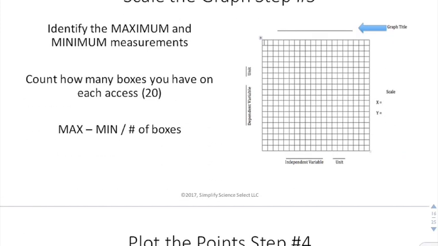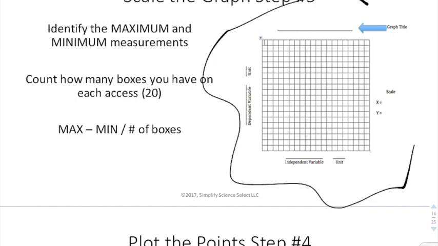And this is the one that causes the most problems because you want to make sure that you use the entire available graphing area. If you have a graph and it fits like this, it's really hard to visualize any sort of relationship between the variables because all your data is squished together. So instead, you want to make sure you use the whole graph by taking the maximum and minimum measurements for each value.